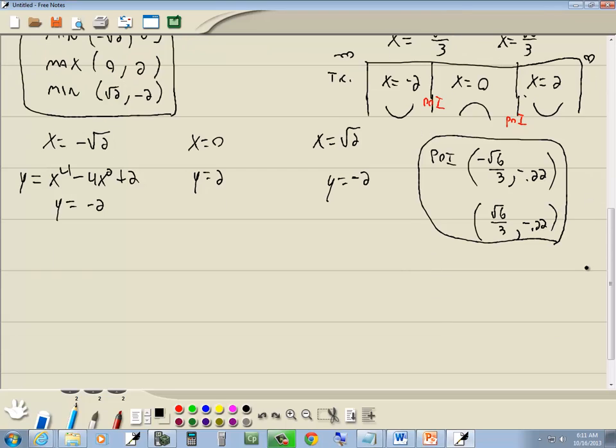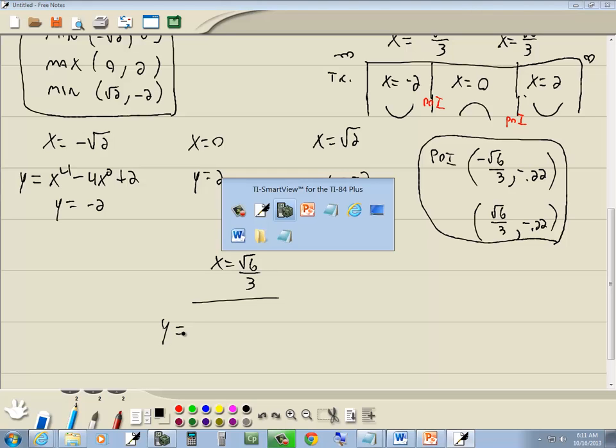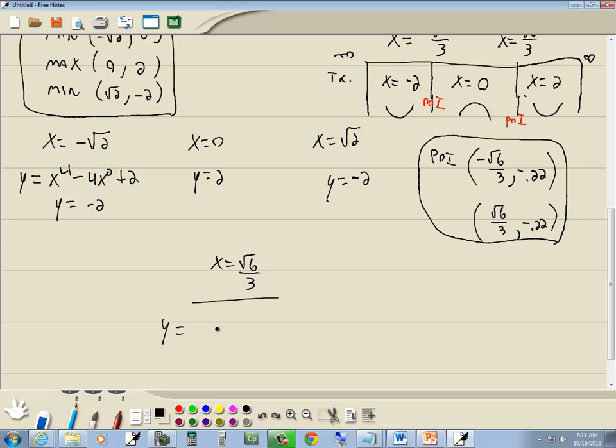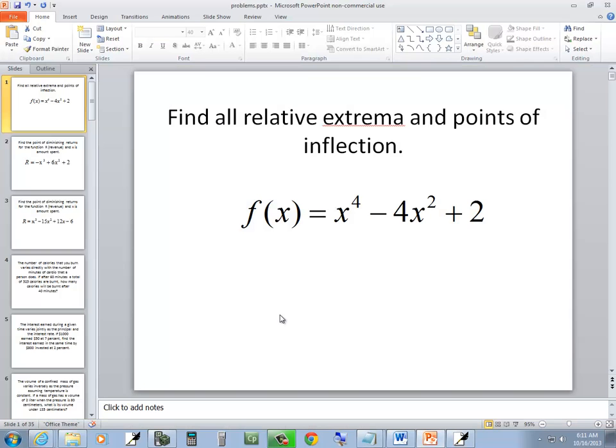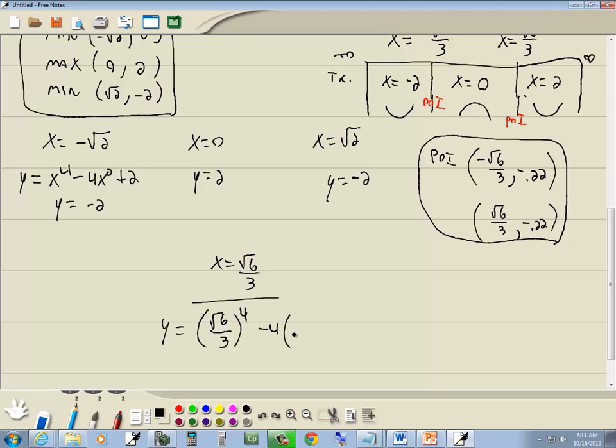let me do one of them by hand to show it to you. So we got x is equal to √6/3, and we're going to plug that back into our original function. Now, our original function was this, so we got x to the 4th, so we got √6/3 to the 4th, minus 4 times √6/3 squared, plus 2.